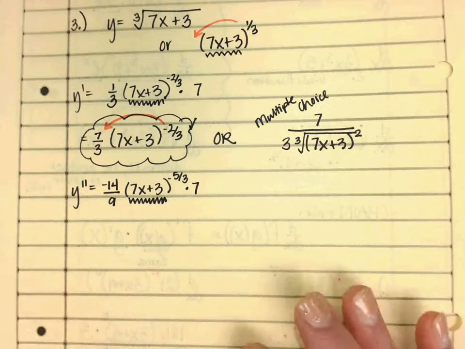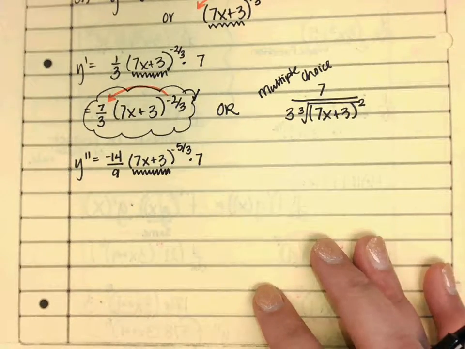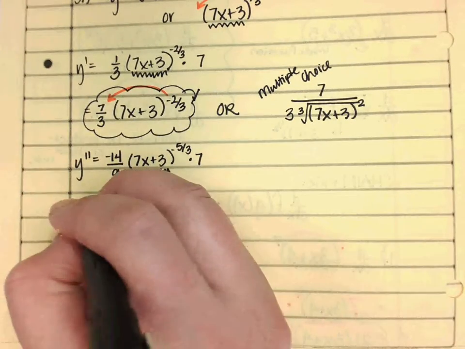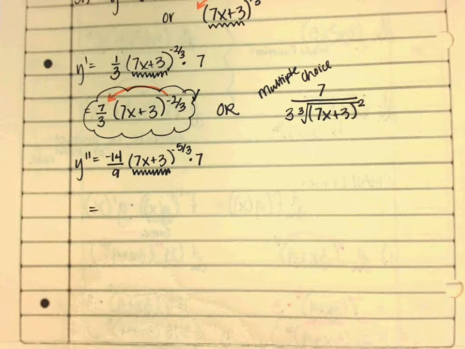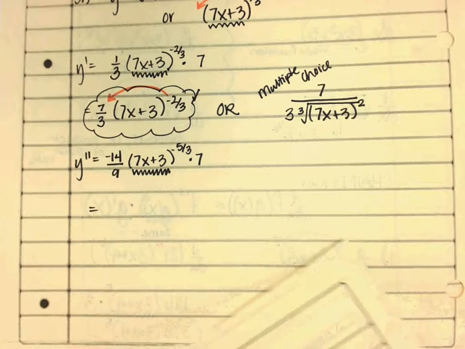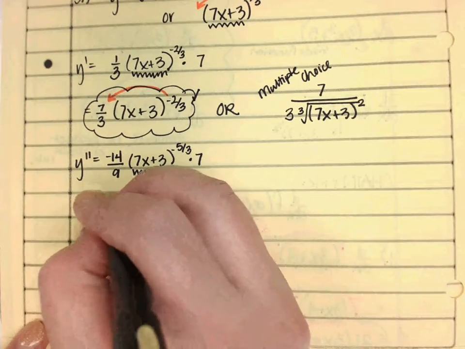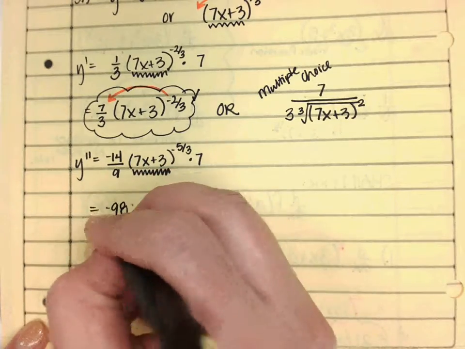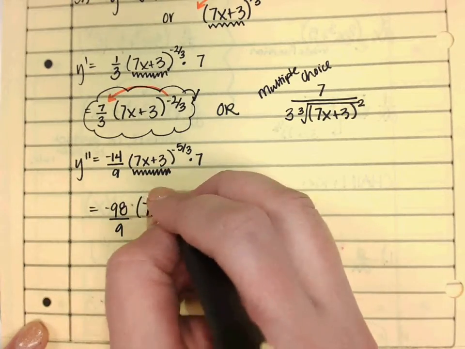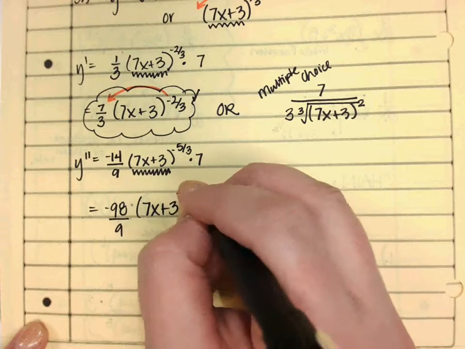Now, nobody's going to leave that 14 and the 7 separated, so I'm going to multiply those together. 7 times 14 equals 98. So negative 98 over 9, 7x plus 3 to the negative 5/3.